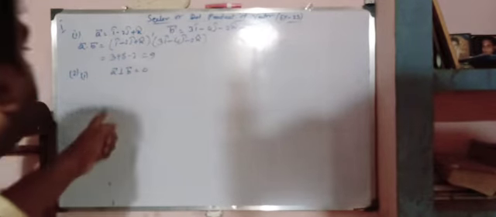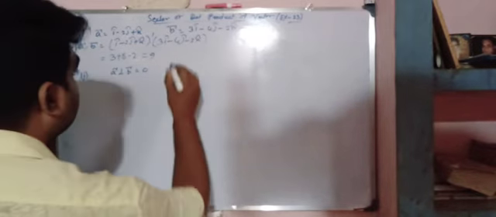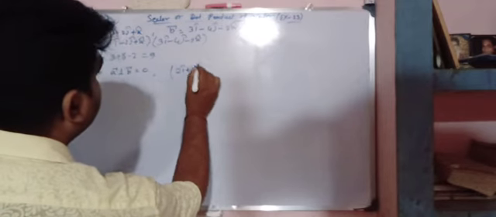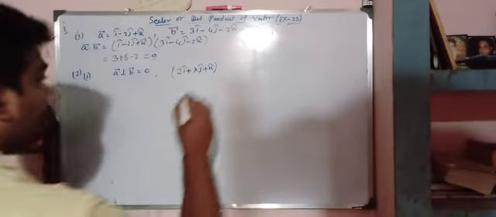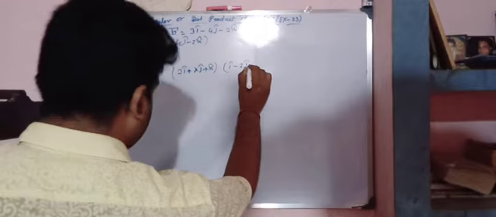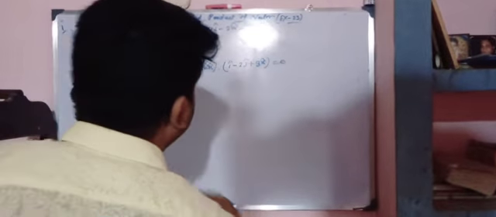Now since A and B are perpendicular, so A dot B is equal to how much? 0. Okay, so A dot B is equal to 0 means 2 I cap plus lambda j cap plus k cap dot I cap minus 2 j cap plus 3 k cap is equal to 0.